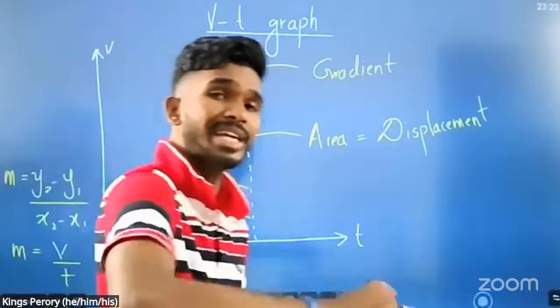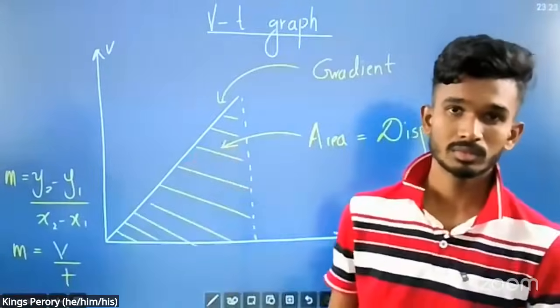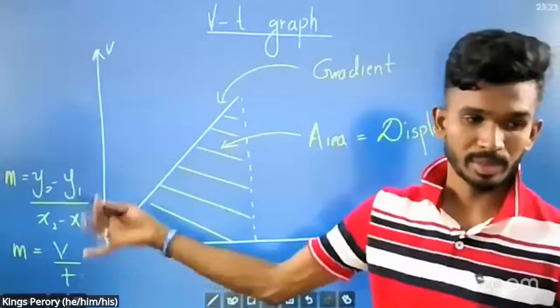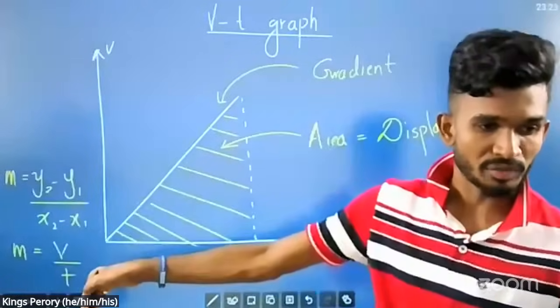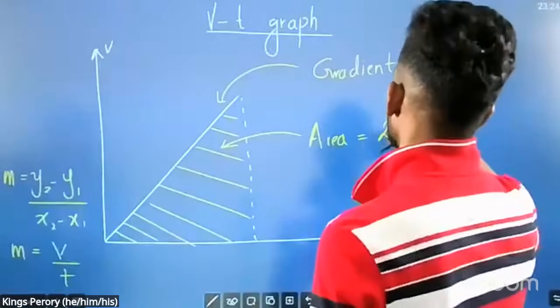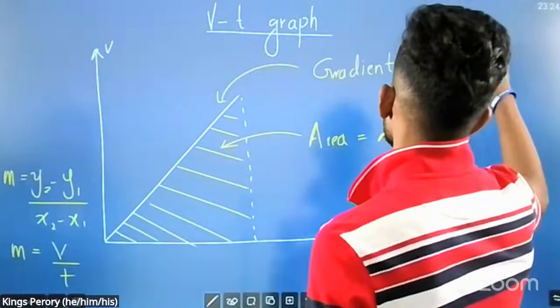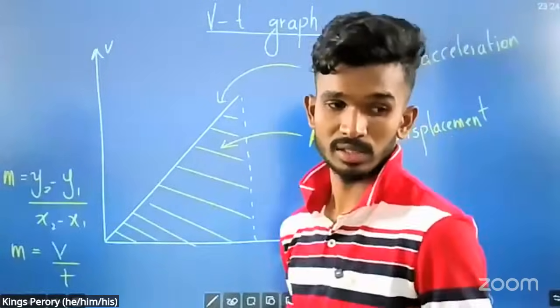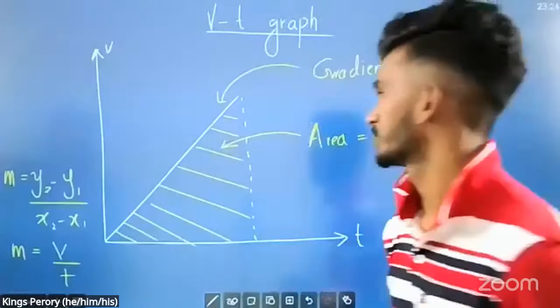Velocity divided by time is the rate of change of velocity, which is acceleration. So gradient of this graph gives us acceleration. Got it?